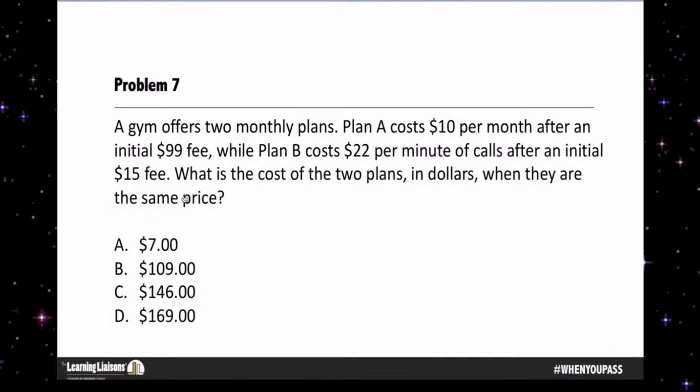A gym offers 2 monthly plans. Plan A costs $10 per month after an initial fee, while Plan B costs $22 per month after an initial $15 fee.